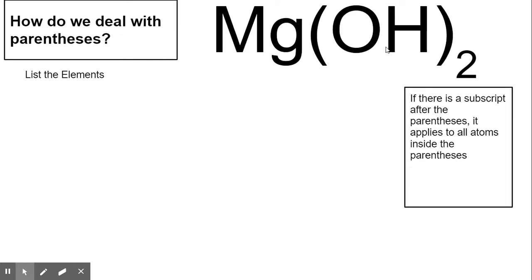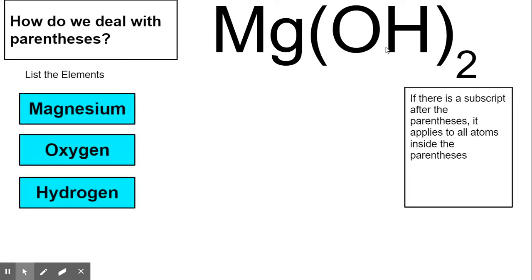So again, step by step, the first thing we need to do is list the elements. And that's magnesium right here, Mg, oxygen, and hydrogen. And then there's no coefficient here, so we don't have to worry about dealing with a coefficient right now. But we then count again how many we have.